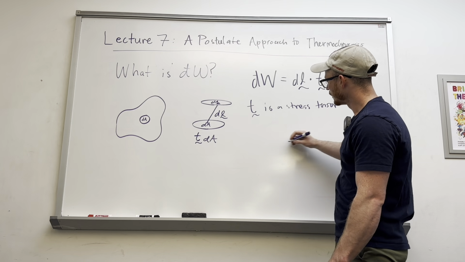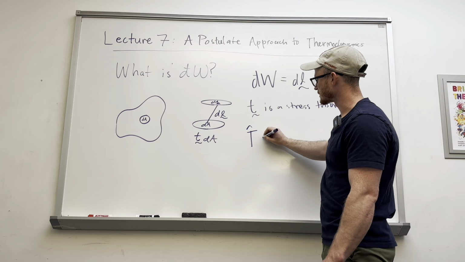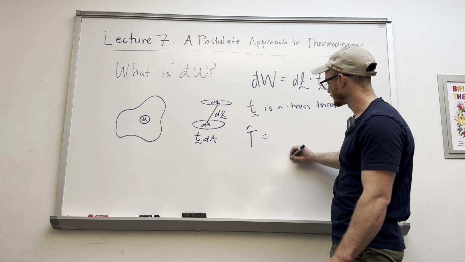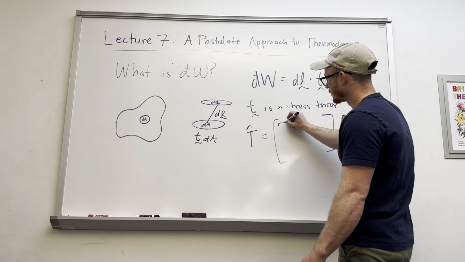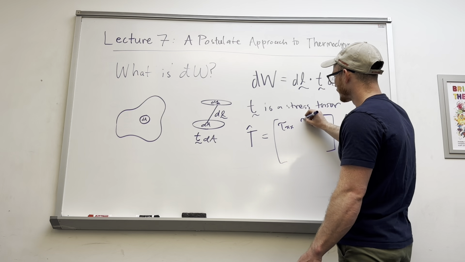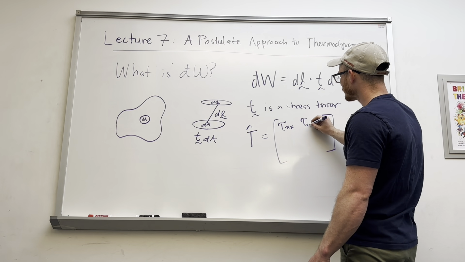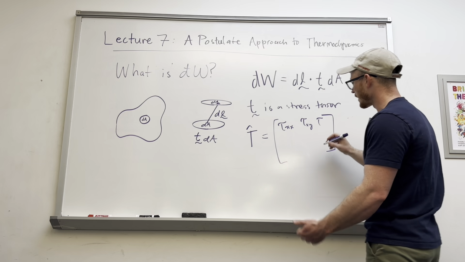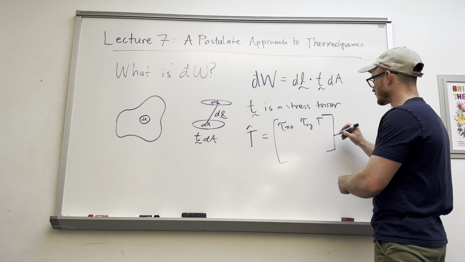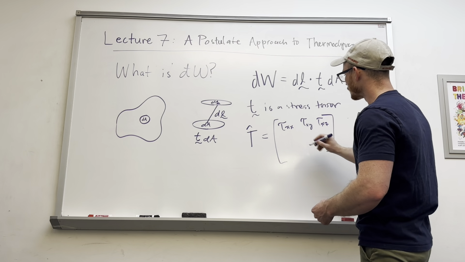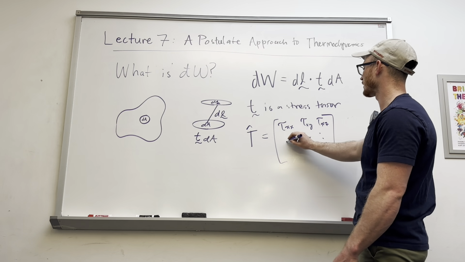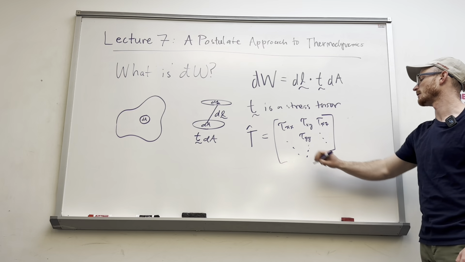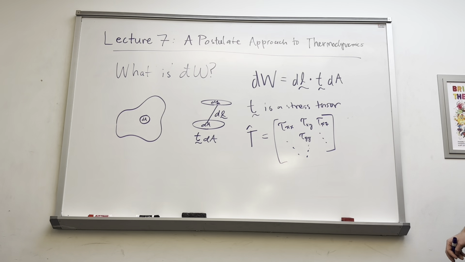So usually we have something called the stress tensor, which I'll denote as capital T. And it's a matrix of stresses. And these stresses are along all three directions, x, y, and z. So you end up with a 3x3 matrix to describe all of this, and I won't write out all the terms. And some of you are probably already familiar with the stress tensor.